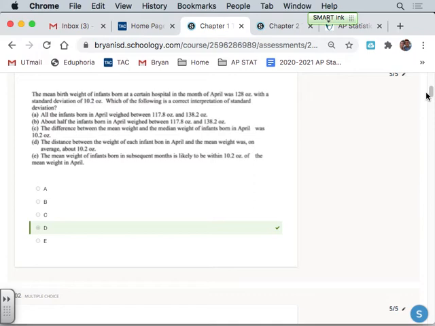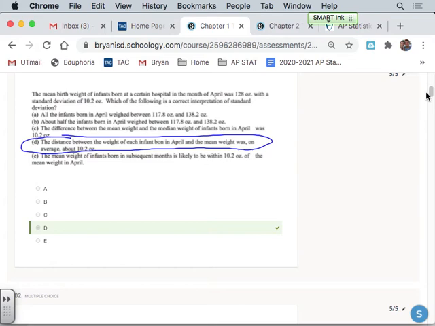But the true one was the distance between the weight of the infants born in April and the mean weight was on average about 10.2. So the average distance of the weights from the mean was that standard deviation. It's different seeing it written out in a sentence like that, but it's just the average distance you are.